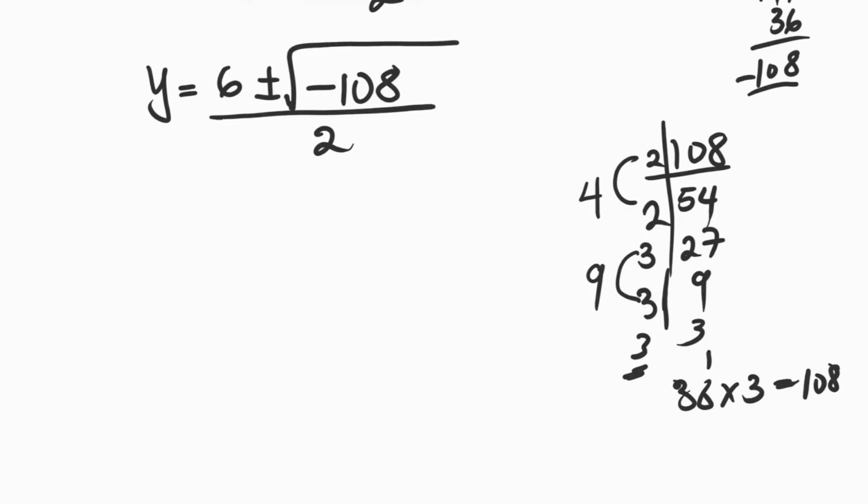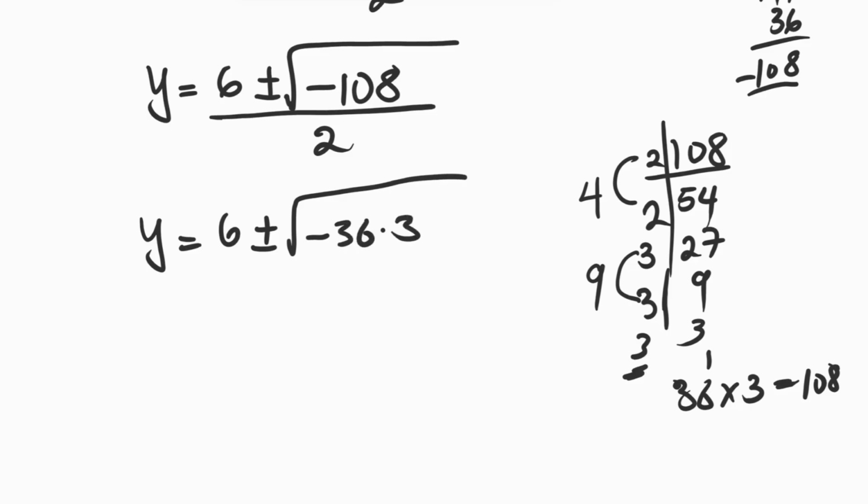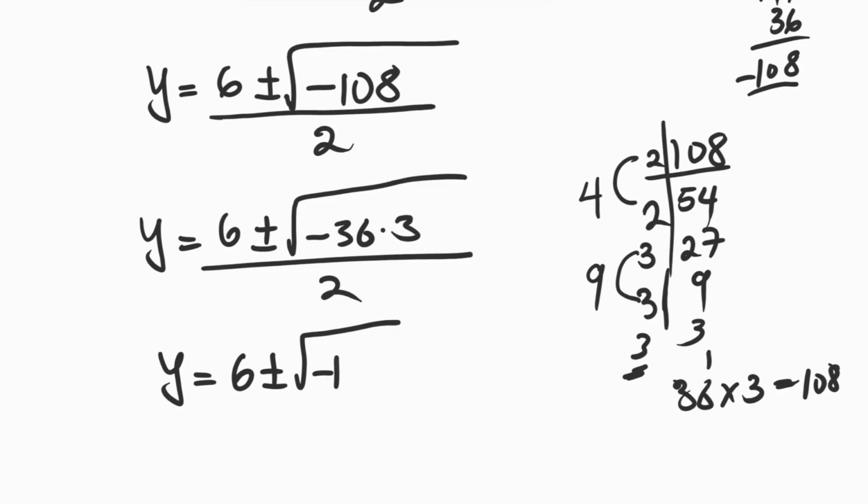So now we have y equals 6 plus or minus the root of minus 36 times 3, all divided by 2. So now we have y is equal to 6 plus or minus the square root of, we can say, minus 1 times 36 times 3, all divided by 2.